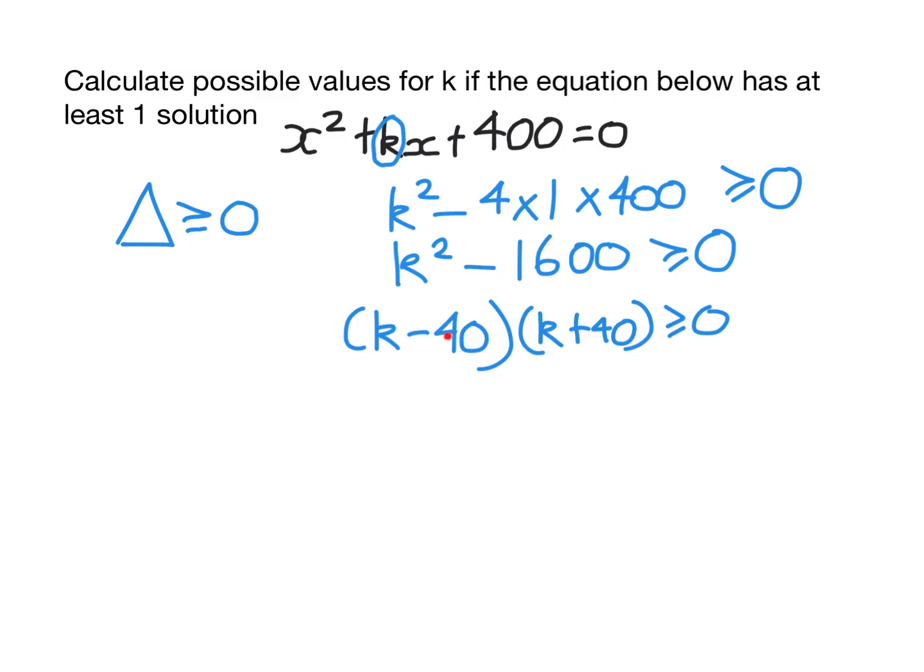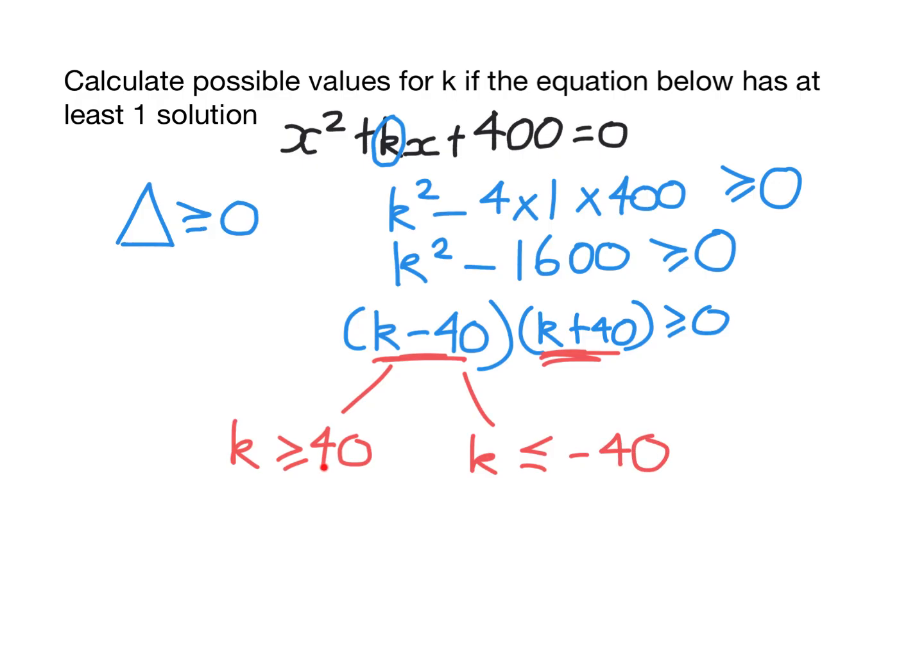So we're saying that this times this has to be positive. So there are two options here. Either both of these are positive, which would mean that k is greater than or equal to 40. The other option is this and this are both negative, and that would mean k is less than or equal to minus 40.